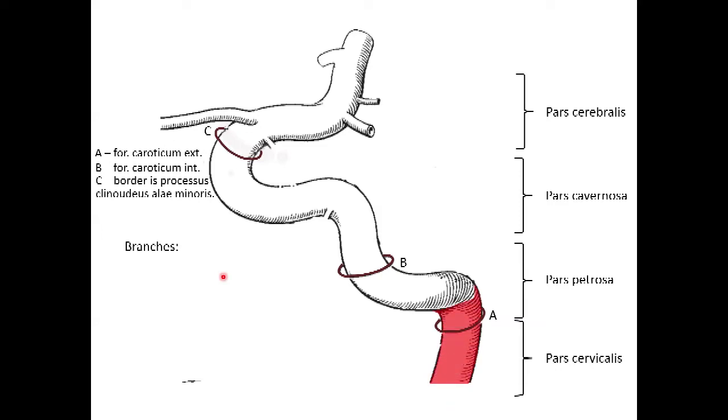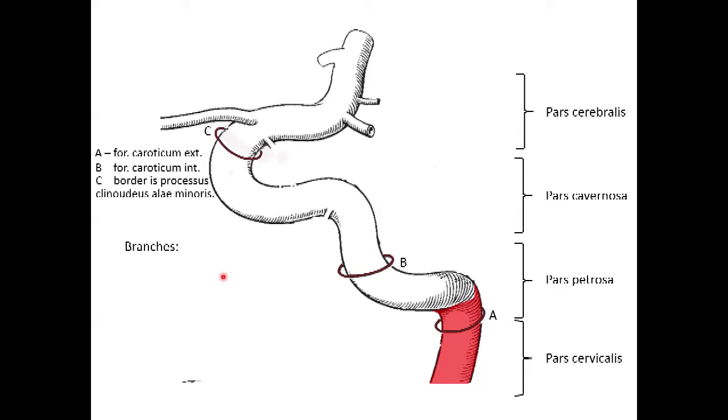And now let us try to find branches of each pars. First of all, pars cervicalis: we have already said that there is no branch in pars cervicalis.